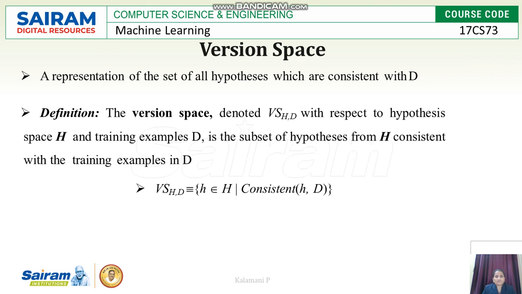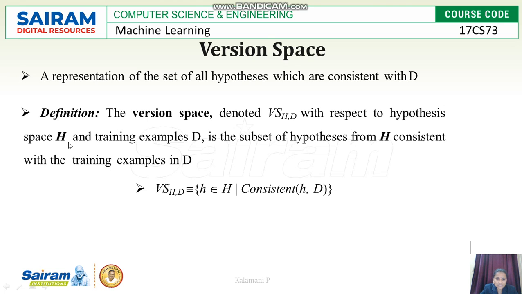So first we should define version space: the representation of the set of all hypotheses which are consistent with D. D we know is the training examples. Hypothesis we normally call h. How are we going to define the version space? VS(H, D), where H is the hypothesis space and D is the training examples.